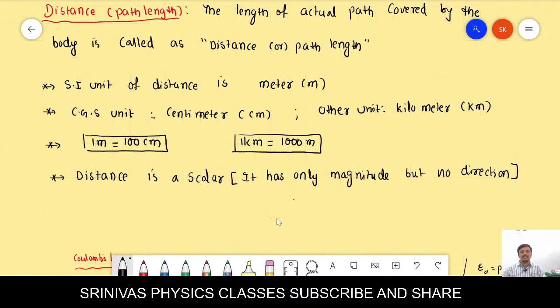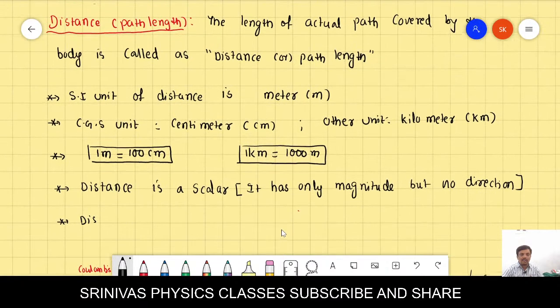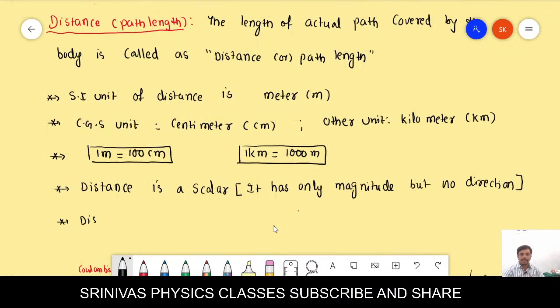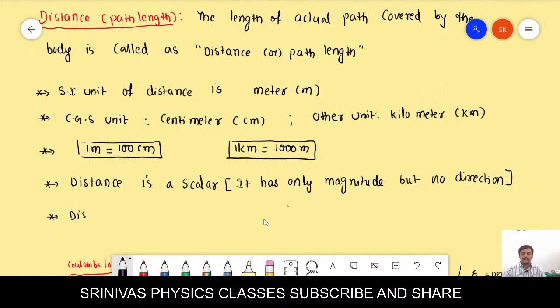Distance is always positive. Distance never be negative. Remember that. That means it is always positive or zero. This is about the distance.